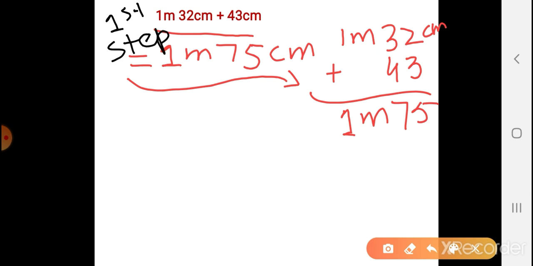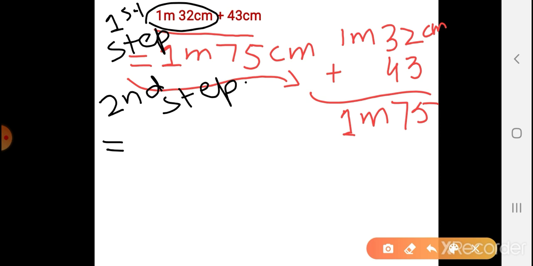So let's go for the second step. We have to find the total height of Jack and his father. Jack's height is 1 meter 32 centimeters and Jack's father's height is 1 meter 75 centimeters.